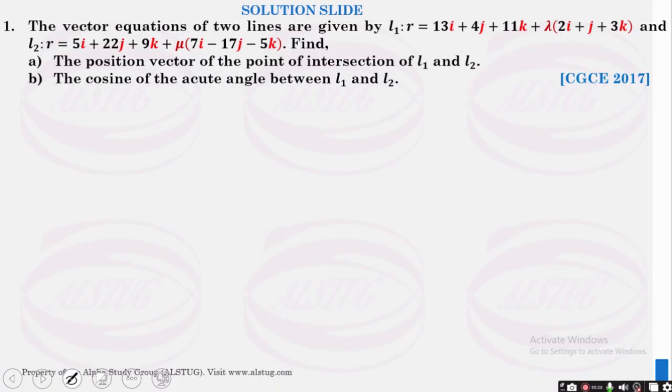So let's find the position vector of the intersection first of all. Solution.